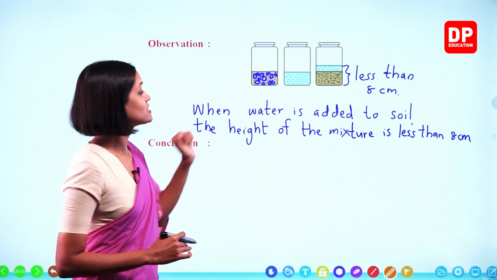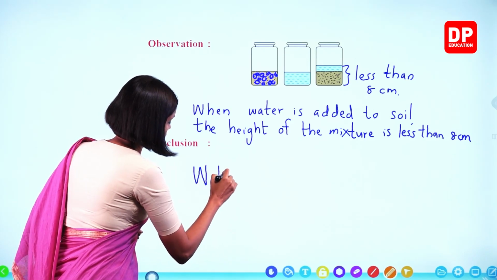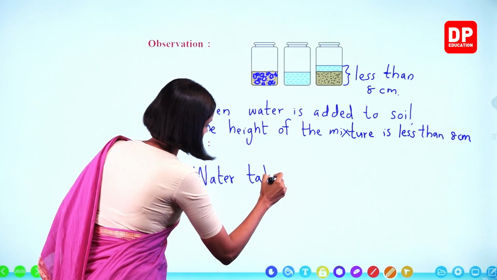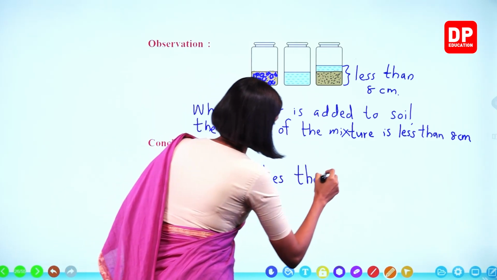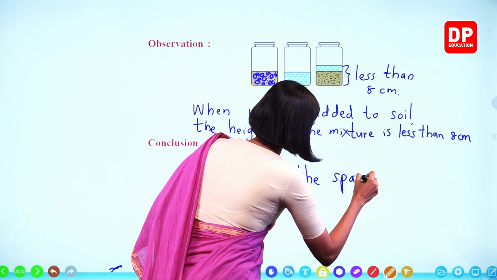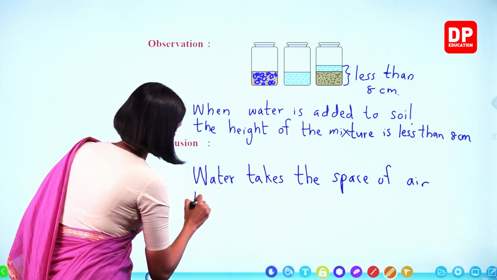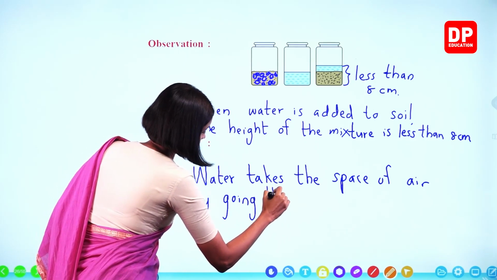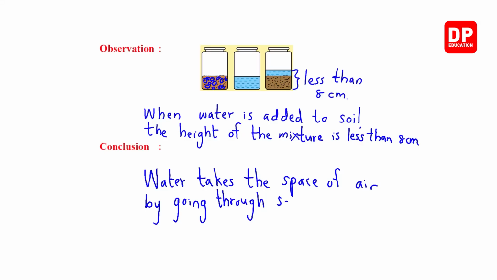Okay, children? Let's write this one. Water takes the space of air by going through the soil particles.